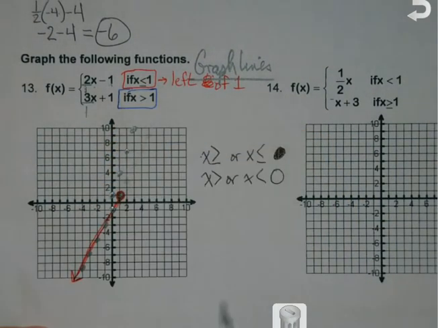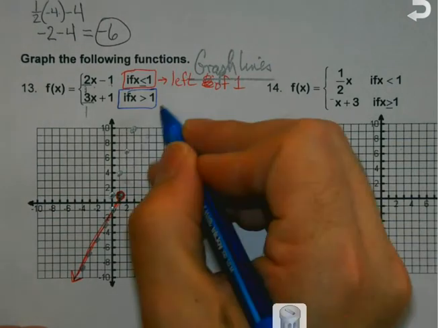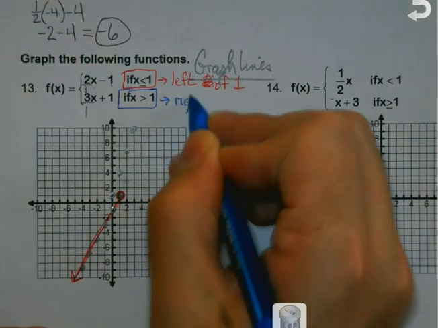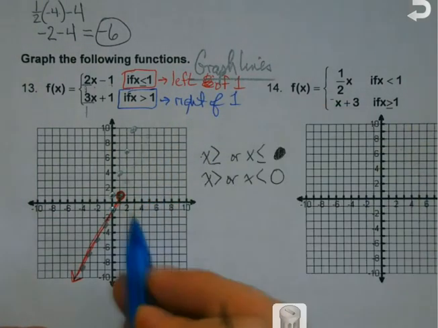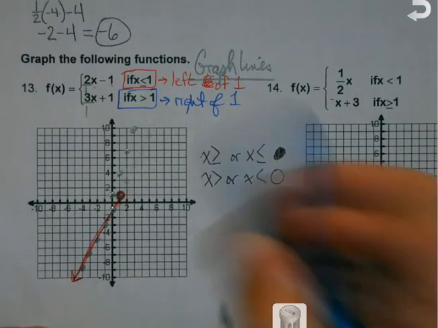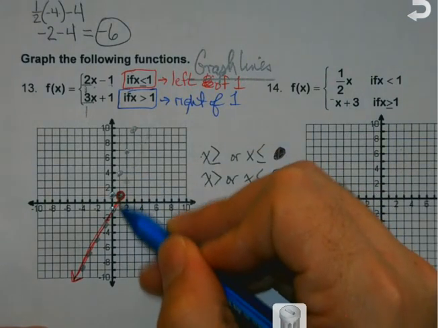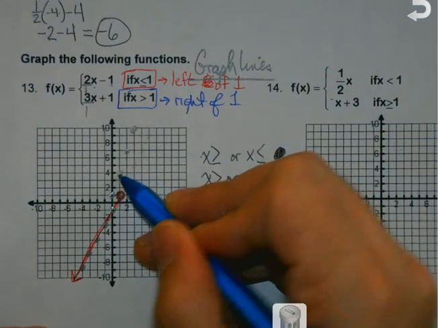If x is greater than 1, which means I want the points to the right of 1, because that's where the x values get bigger. So here's x equals 1. There's my point.